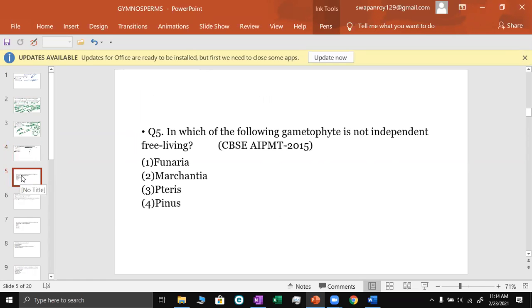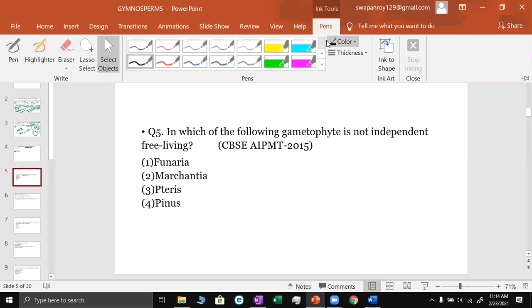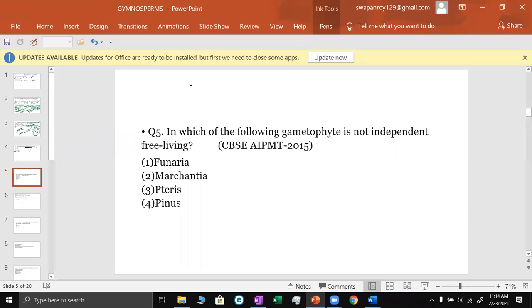So come to next question. This was asked in CBSE AIPMT 2015. In which of the following is the gametophyte not independent, free living?